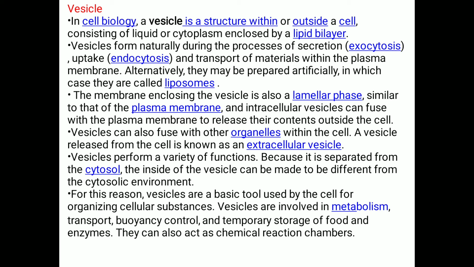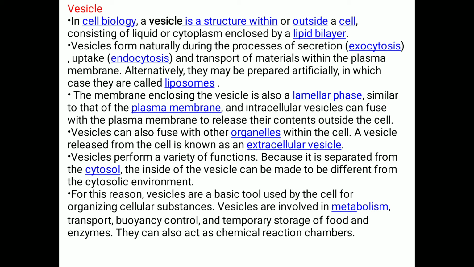So the inside portion of the vesicle can be cytosol, or it could be separated from the cytosol. A vesicle is an enclosed structure, right? So whatever material is present inside the vesicle may not be present in the cytosol. Once it gets separated, it will be different from the cytosolic environment.